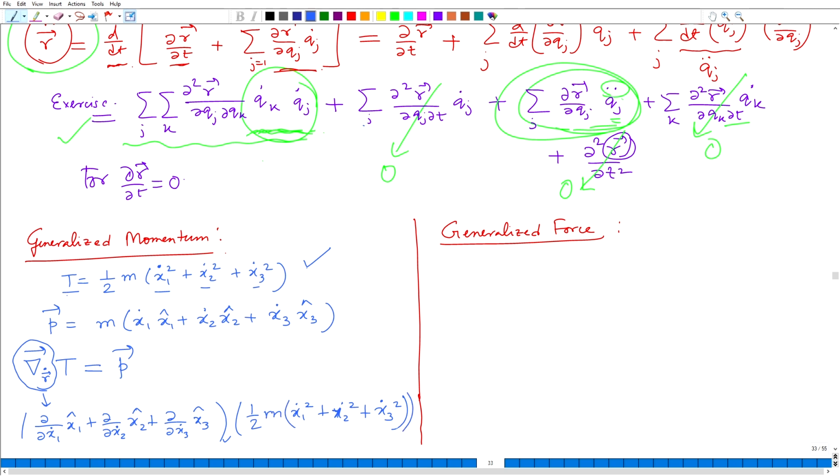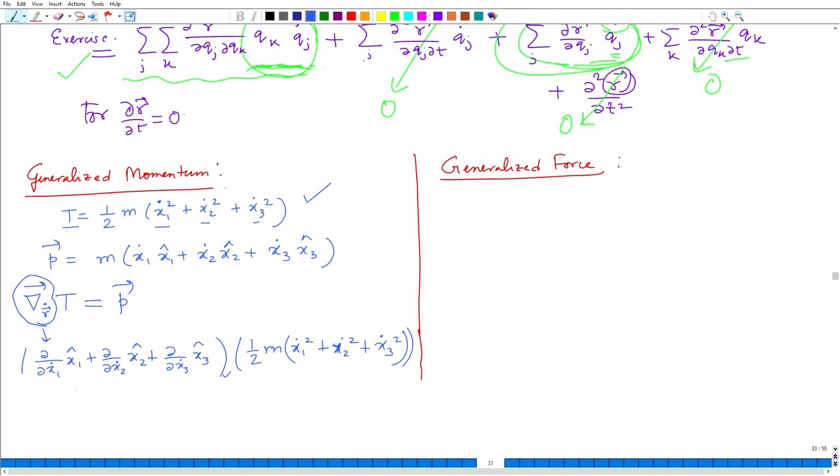And you will have, this will act only on the velocity terms, giving you m x1 dot x1 cap, plus m x2 dot x2 cap, and the third one gives m x3 dot x3 cap, which is nothing but p.